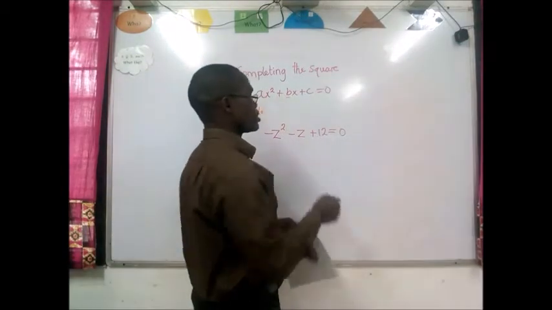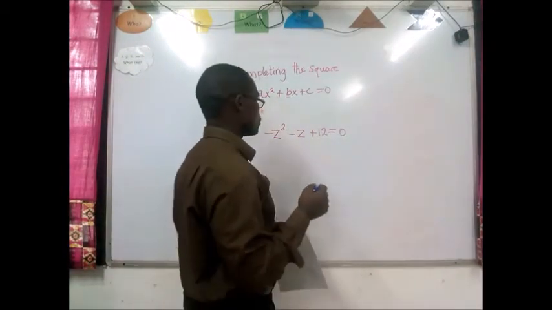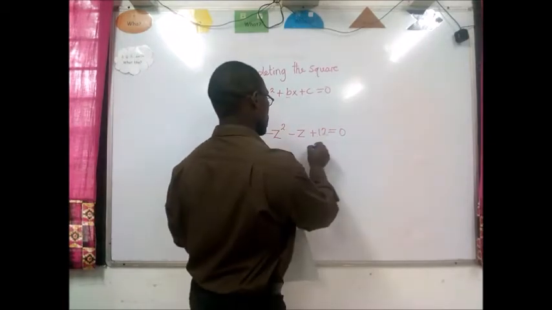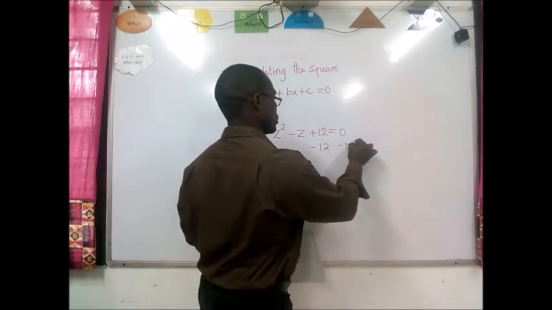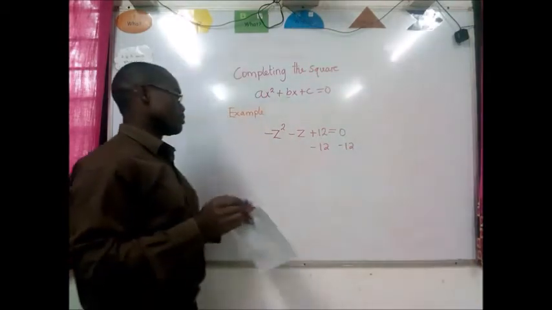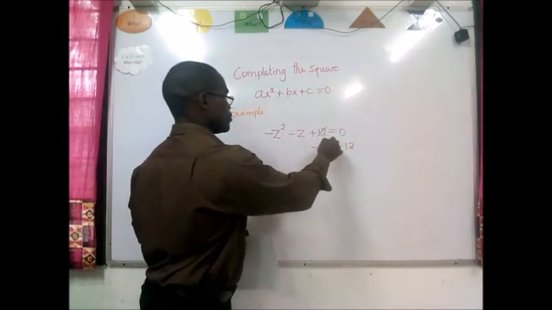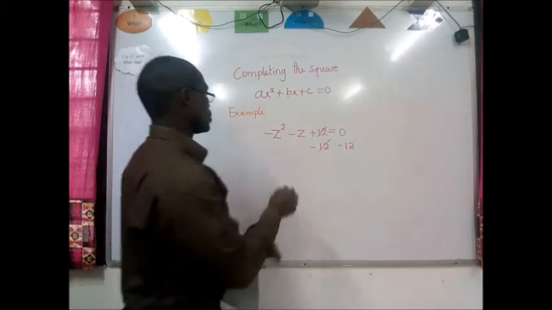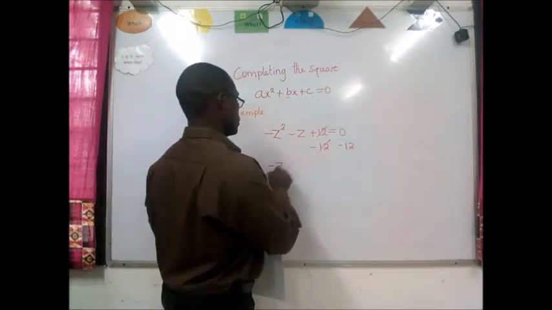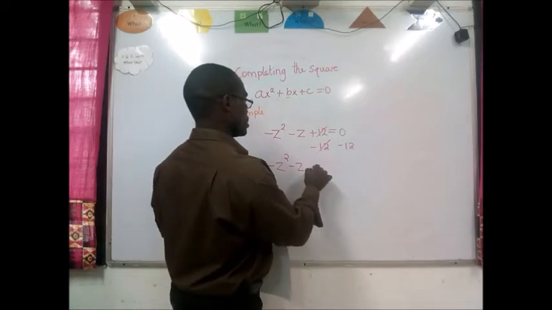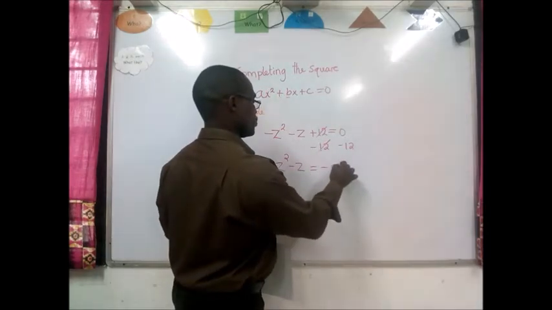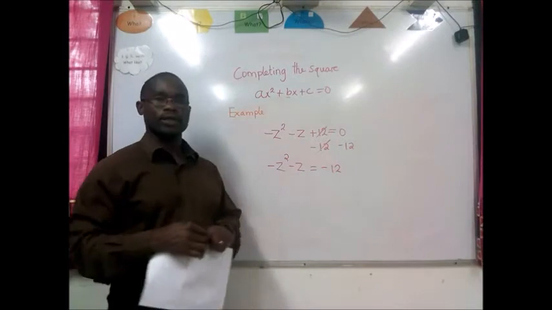Here the constant is positive 12, so we subtract 12 on both sides of the equation, and this cancels off. Now it becomes negative z squared minus z is equal to negative 12. This is what we have now.